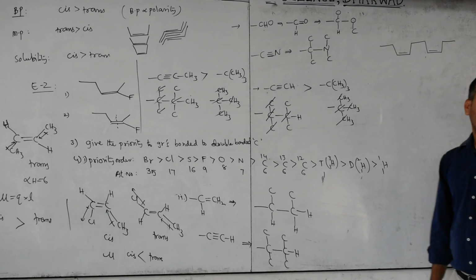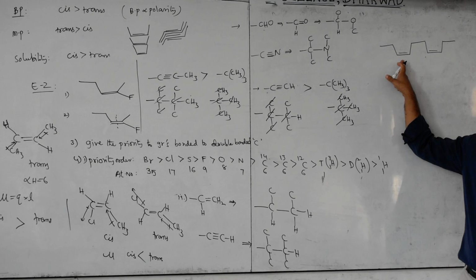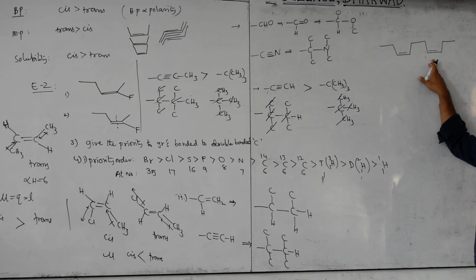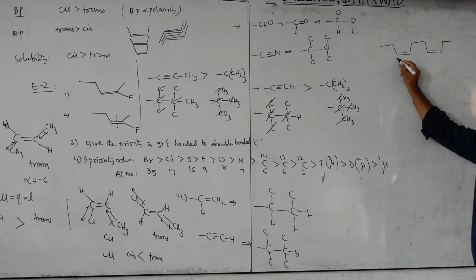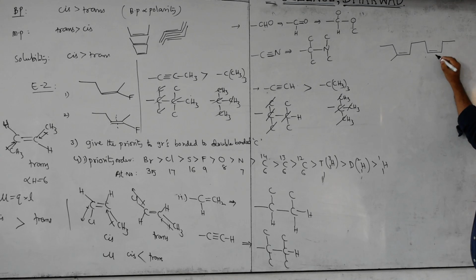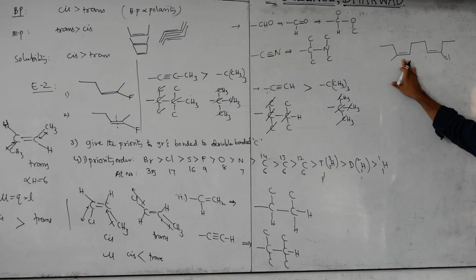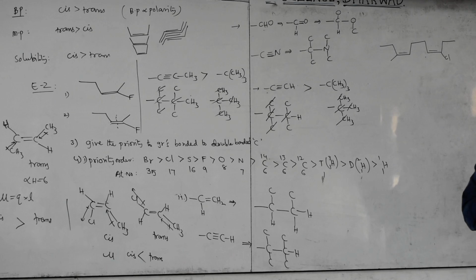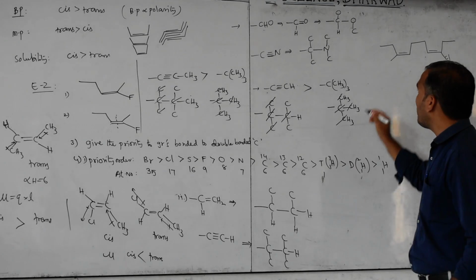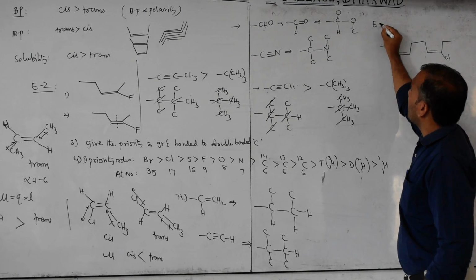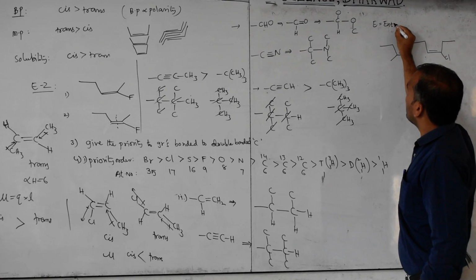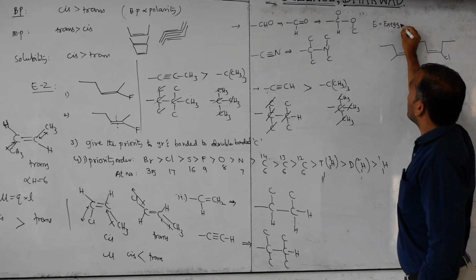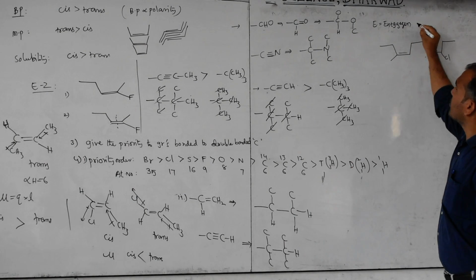Then double bond. Now I will give here like this. Tell, this double bond is in which form? E form or Z? Already you know, that's why I have written here E and Z. E means what? E means opposite.